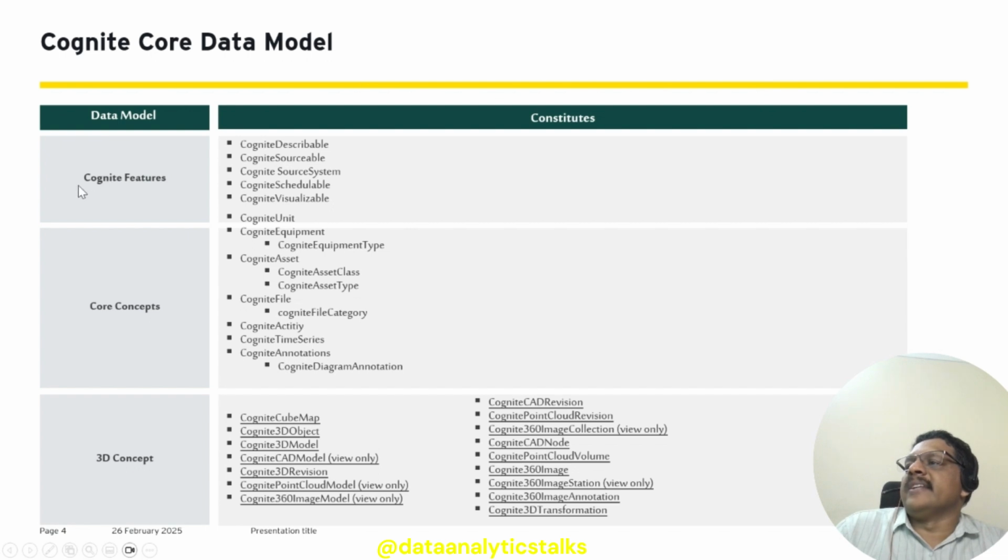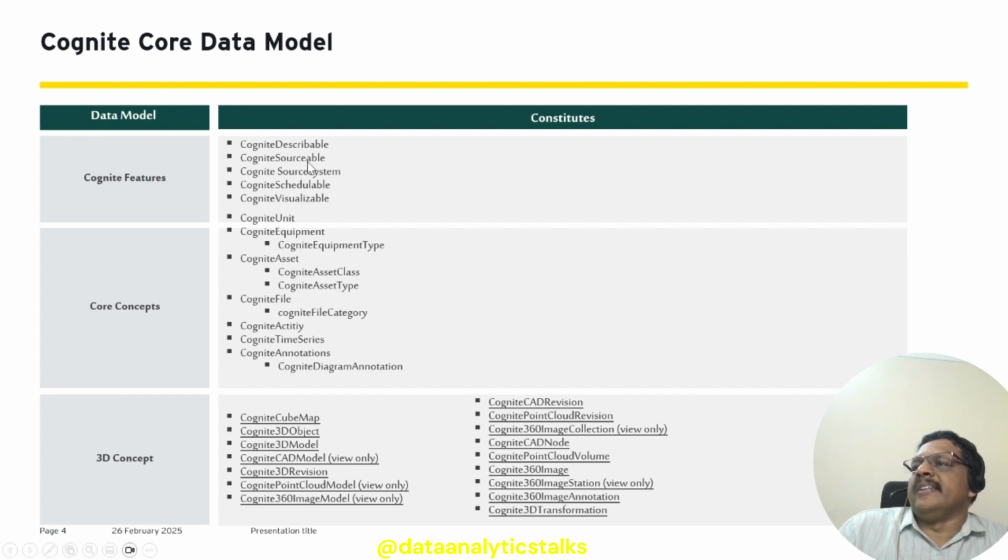So basically, what I understand, a core feature means this is available for many concepts, like describable. Okay, a data model that implements Cognite describable has the base properties like name, ID, tag, description.